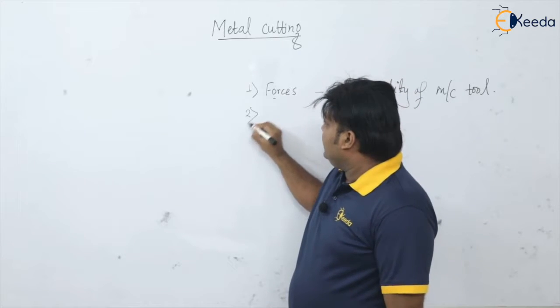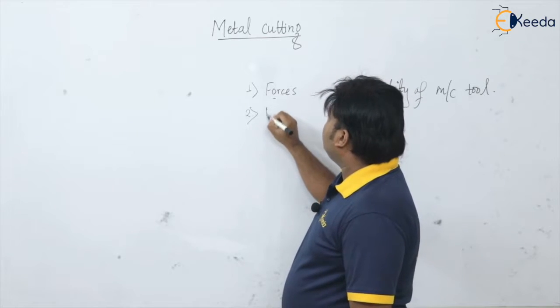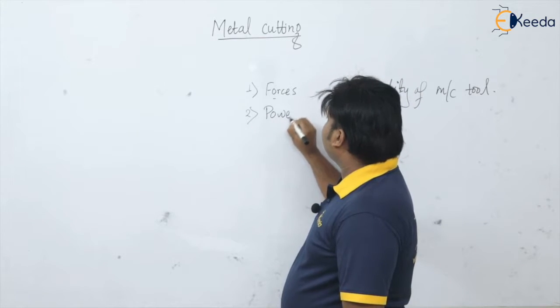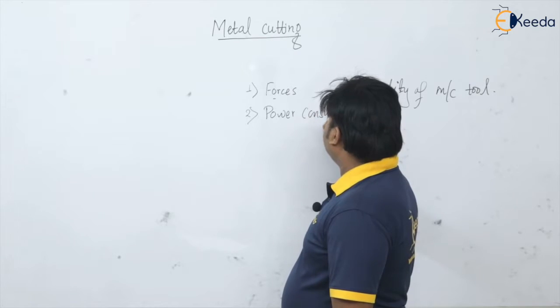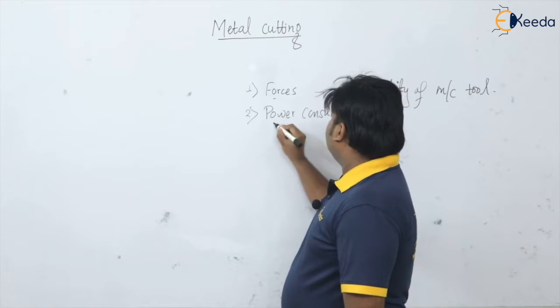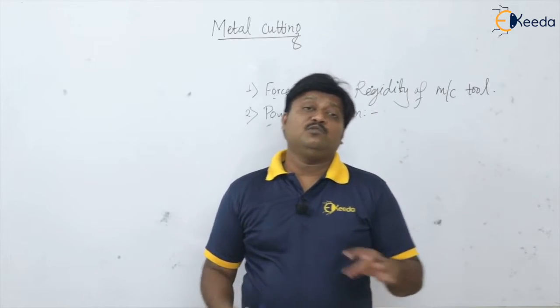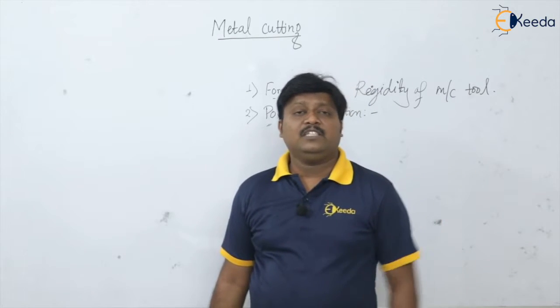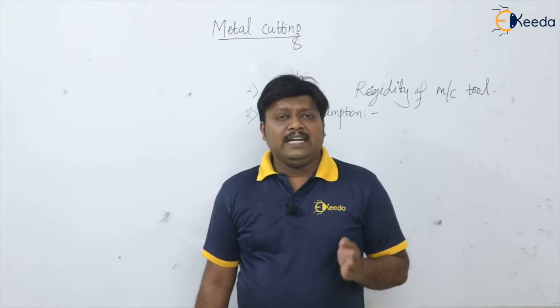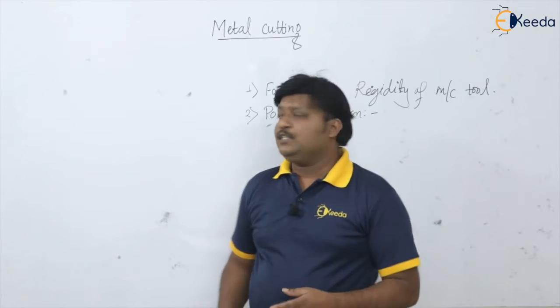The second thing that we are going to understand is the power consumption. If you know the power that is going to be consumed during the machining process, then based on that we can select the rating of the prime movers required for that machine tool.